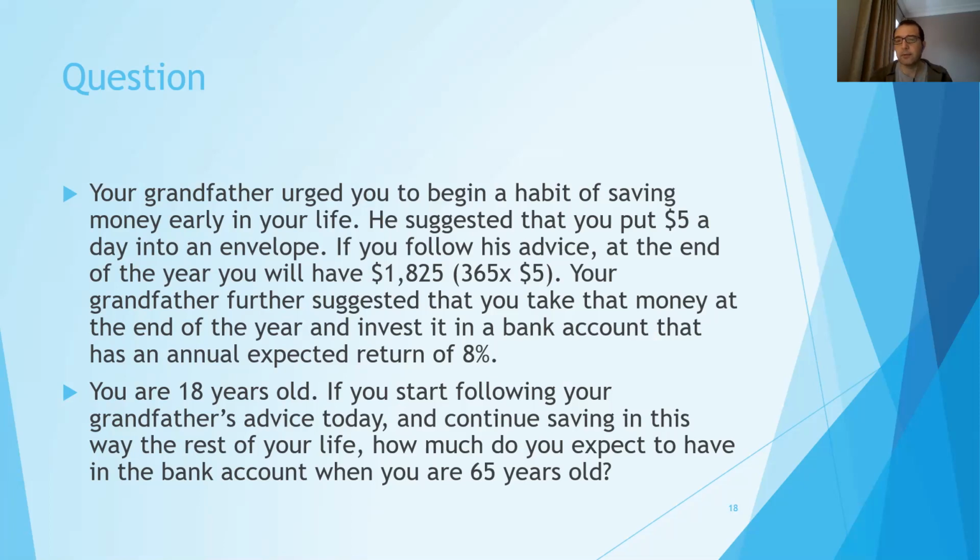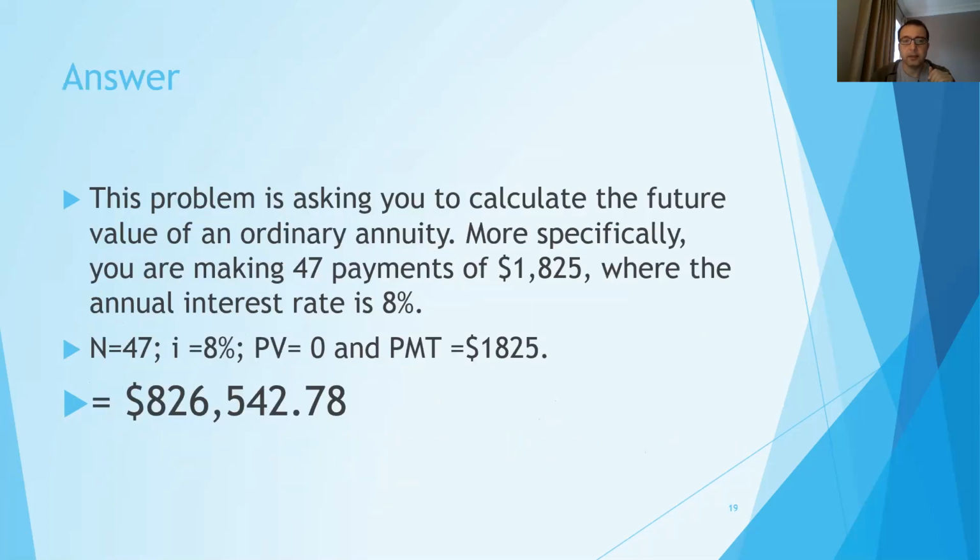how much would you expect to have in your bank account when you retire, when you get to 65, right? So we have the series of cash flow, 1,825 each year, right? For how many years? 65 minus 18, right? For 47 years, right?